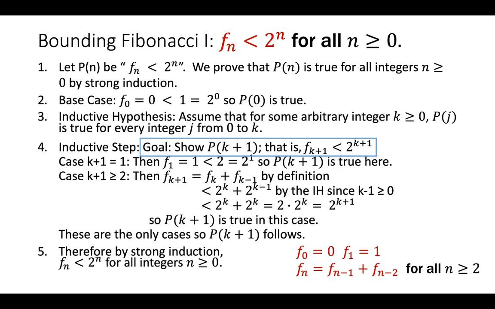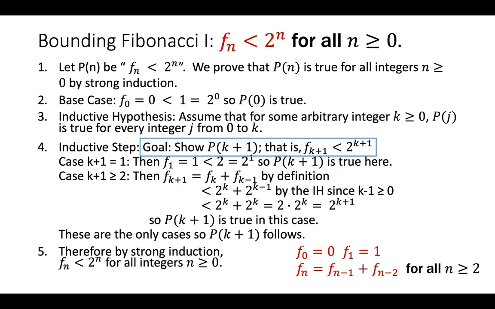We may apply the upper bound, and the upper bound will be 2 to the k plus 2 to the k-1. So anyway, that is less than 2 to the k.